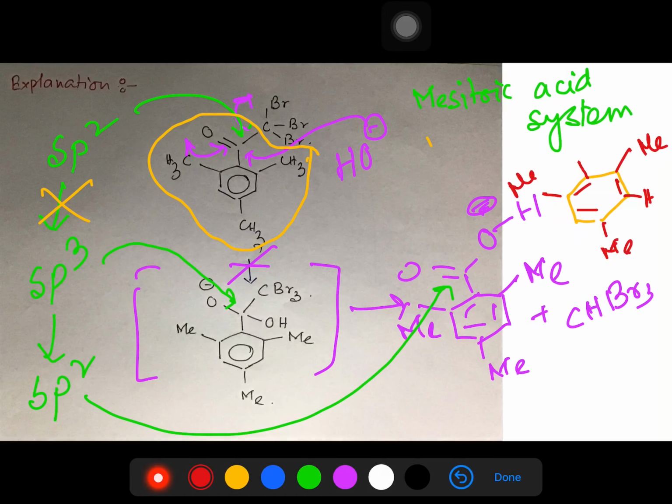So in this case what happens? This carbonyl group remains with one part below the plane and another part above the plane. Okay, so this is CBr3.